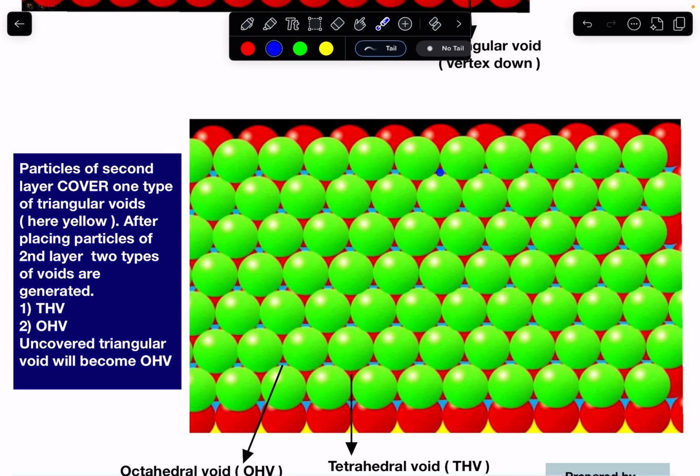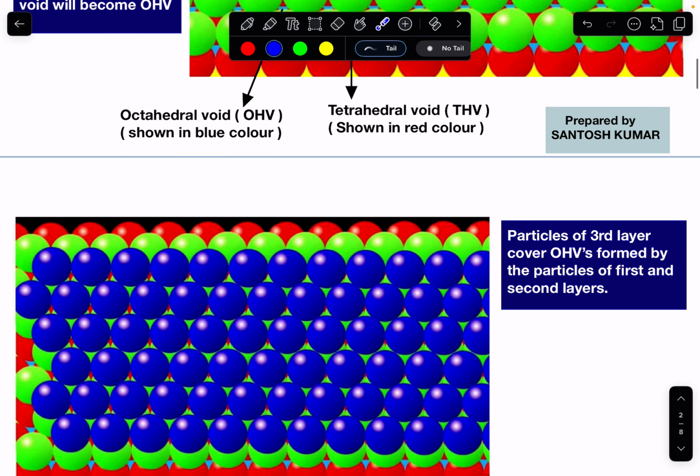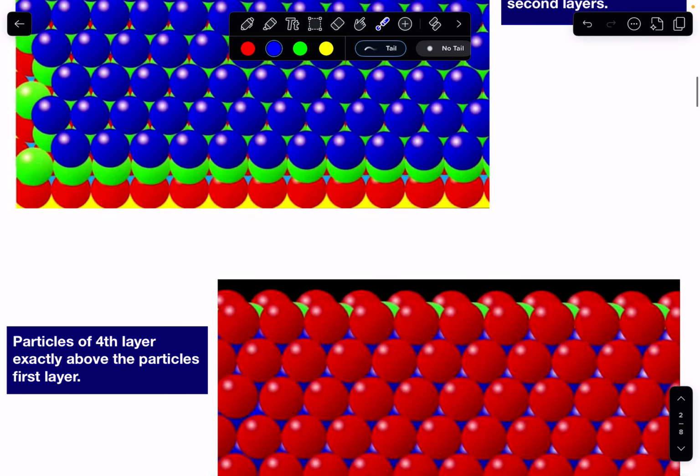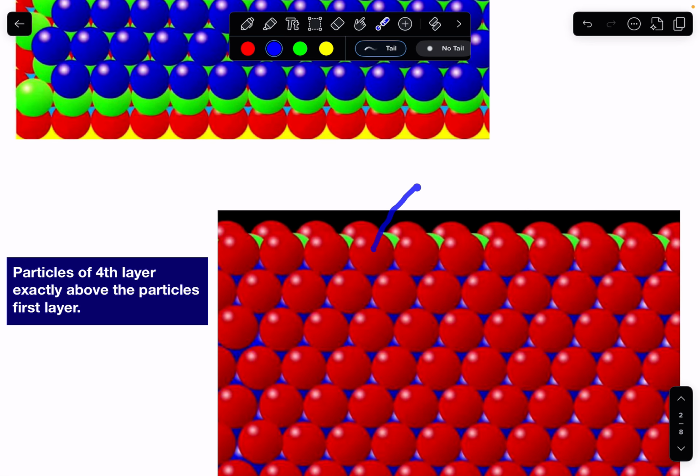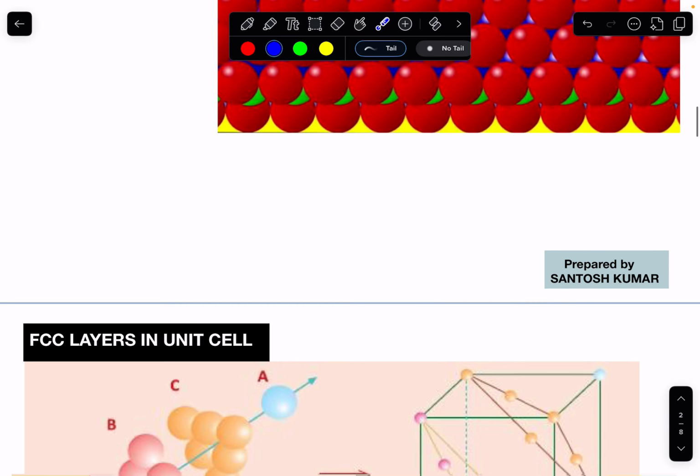The unoccupied triangular void becomes an octahedral void, and a new void is generated, that is the tetrahedral void. The particles of the third layer cover all octahedral voids. Tetrahedral voids are not covered, octahedral voids are covered, and the particles of the fourth layer are lying exactly above the particles of the first layer.